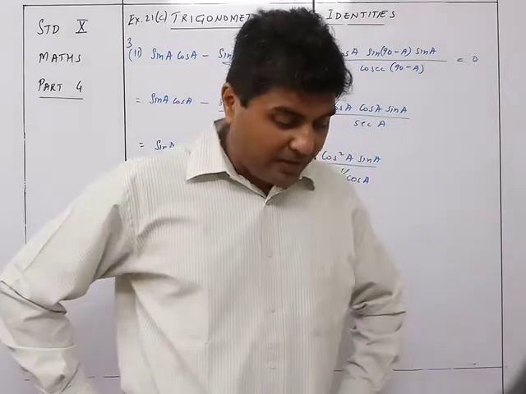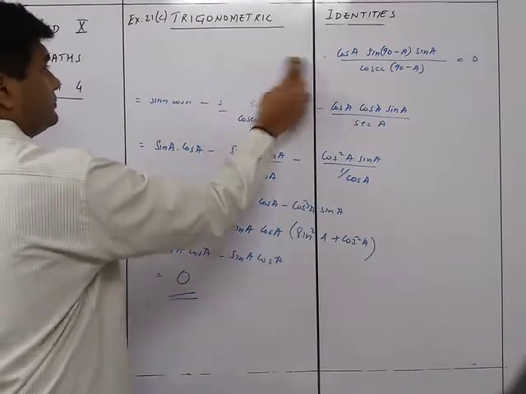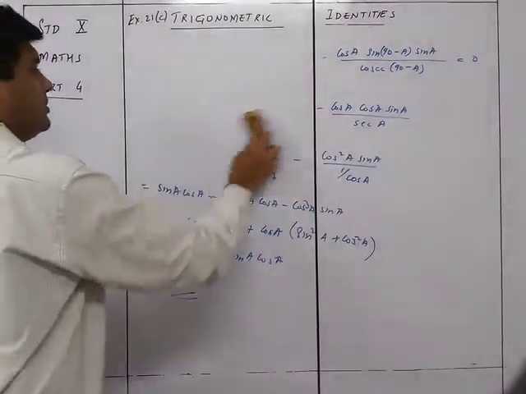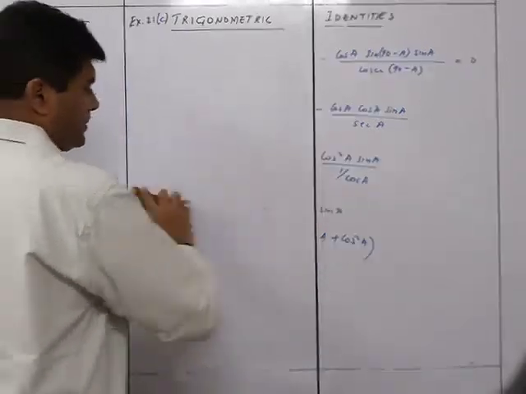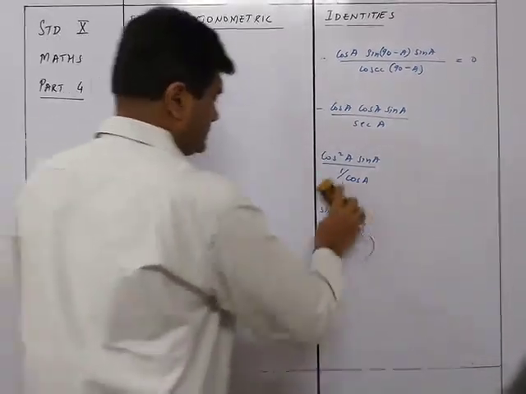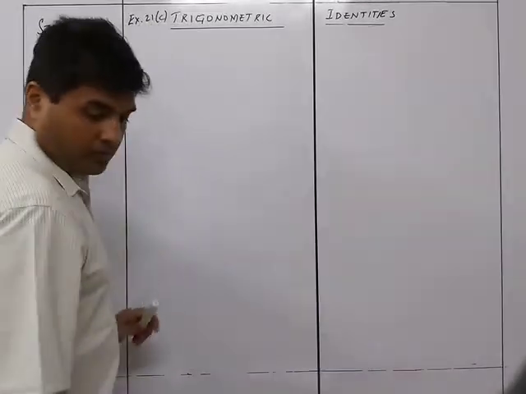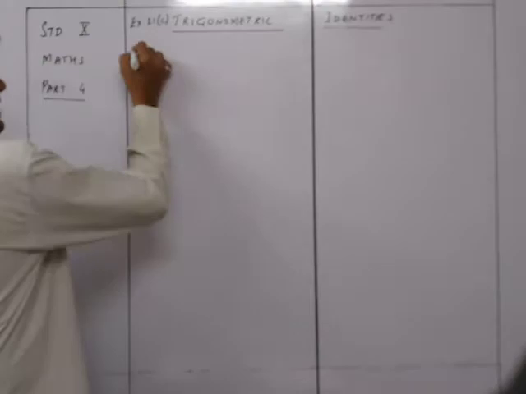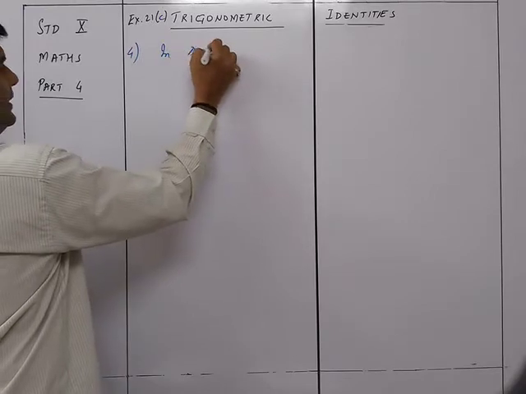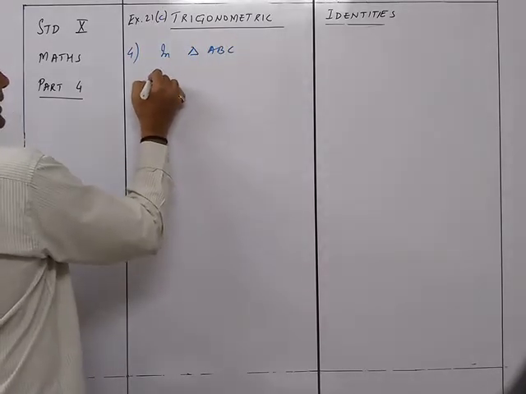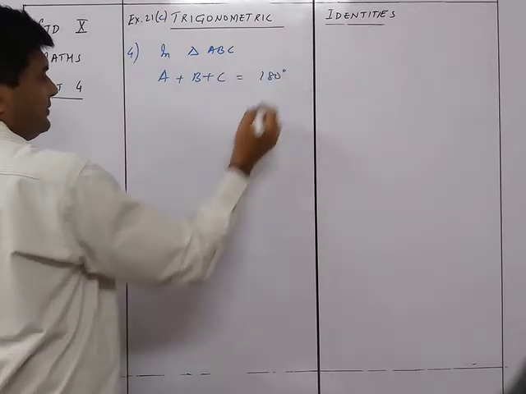We now move on to sum number 21C, question number 4. They are given that it's a triangle ABC. So in triangle ABC, we know that angle A plus B plus C is equal to 180 degrees.